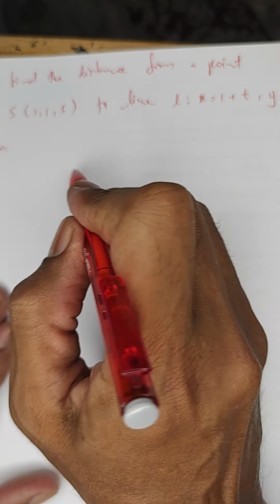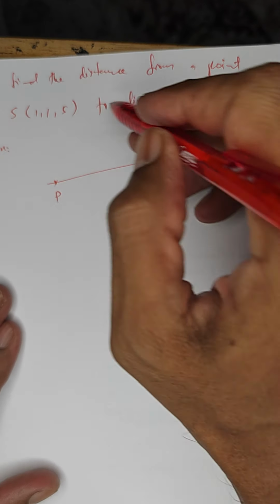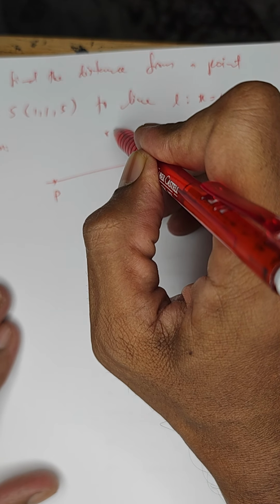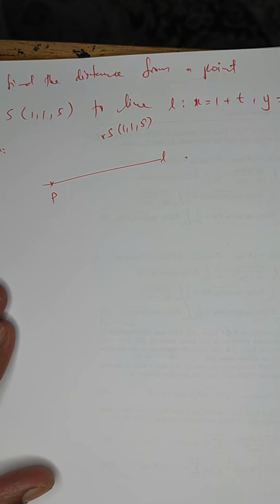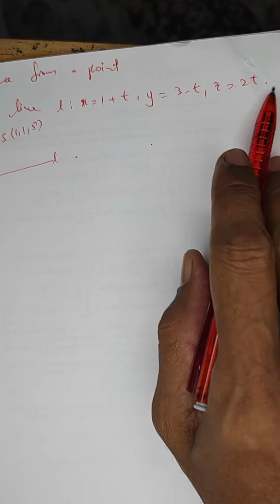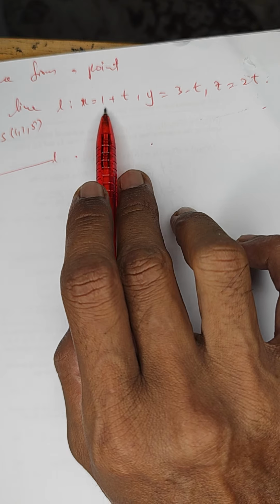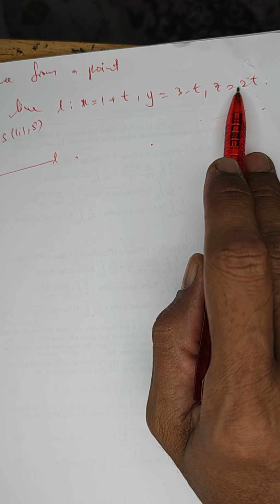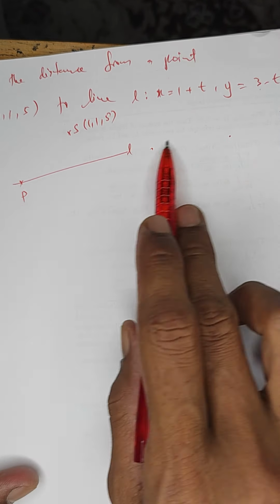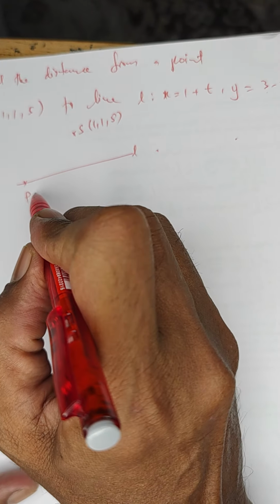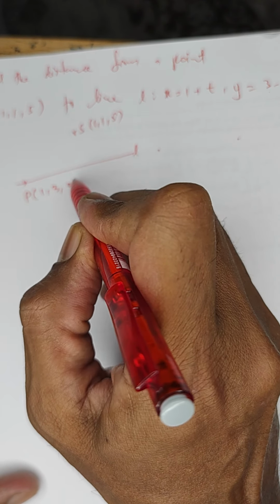Solution. So we have a line L, a point P, and a point S. Our point S is (1, 1, 5). From the given line equation, we can recognize instantly that the point (1, 3, 0) is on L. Let's call this point P, so P is (1, 3, 0).